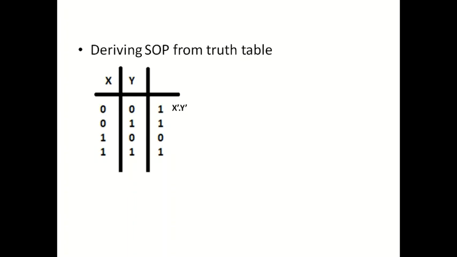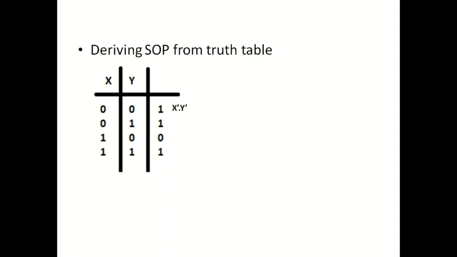In the first row, you can see that the values of x and y are both 0. So that's why I'm taking the term as x complement dot y complement. In the case of a min term, if a literal has the value 0, then we have to take it in complement form. Why?